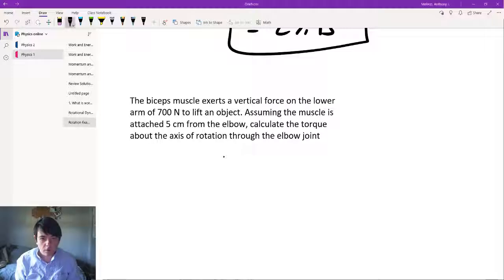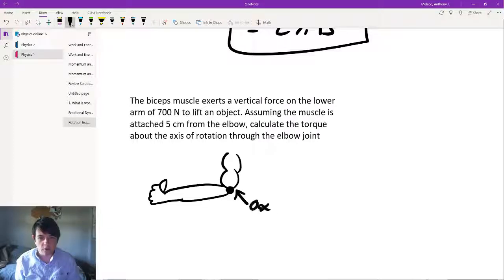So what it's going to look like is, this is actually a really poor drawing of an arm. So you're lifting something, and here's your axis of rotation at the elbow.